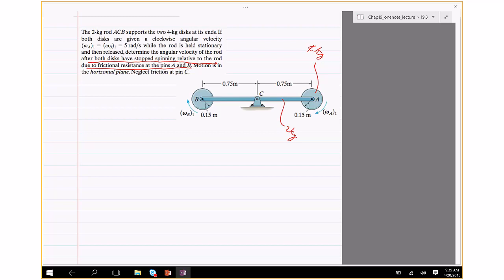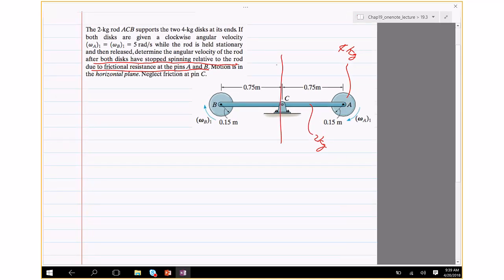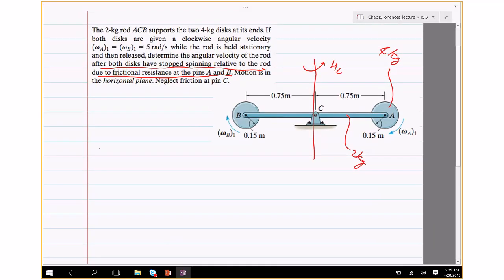So since C is frictionless, what we'll do is apply the principle of conservation of angular momentum about C, because even if there was a force at C, which there would be if you draw a free body diagram, that force will not show up in the equations, or the angular impulse is going to be 0 if you take moment about C. So let's choose this axis and state the principle of conservation of angular momentum.